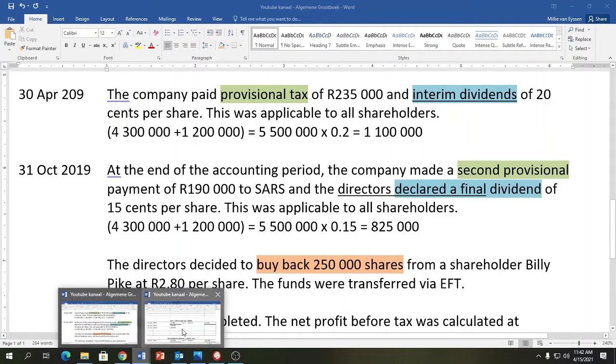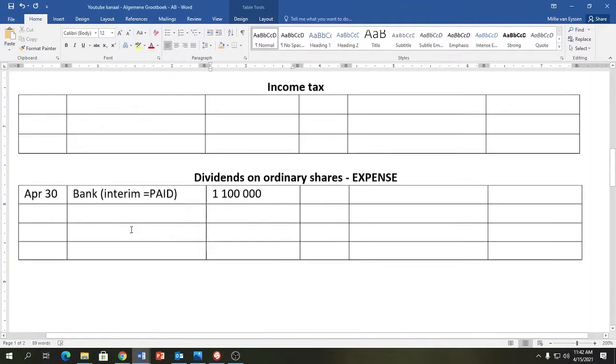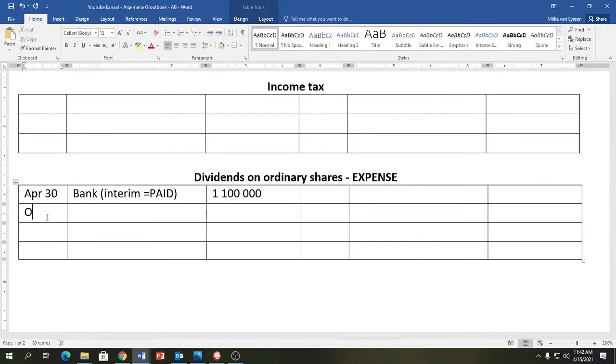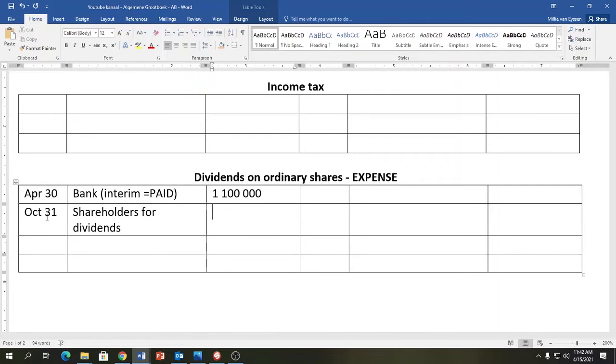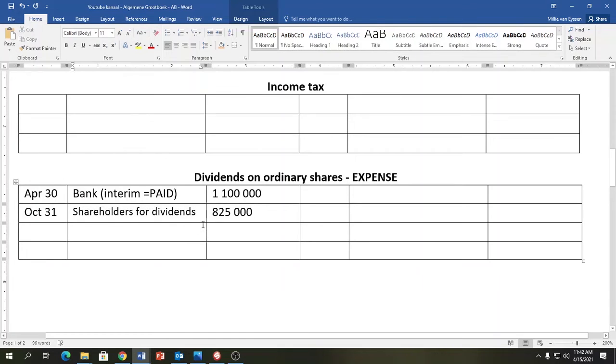Now the final dividend works a bit differently. I'm going to fill it in over here with all my dividends. This is all my dividends for my year. And 825,000. Okay. It is extremely important to take note that the final dividend will not be paid. Therefore, I cannot write back.